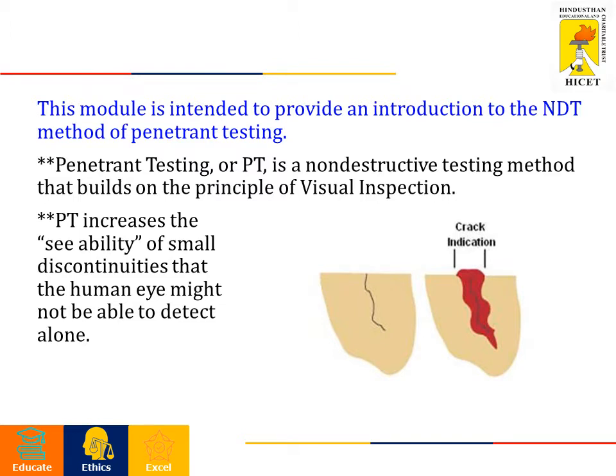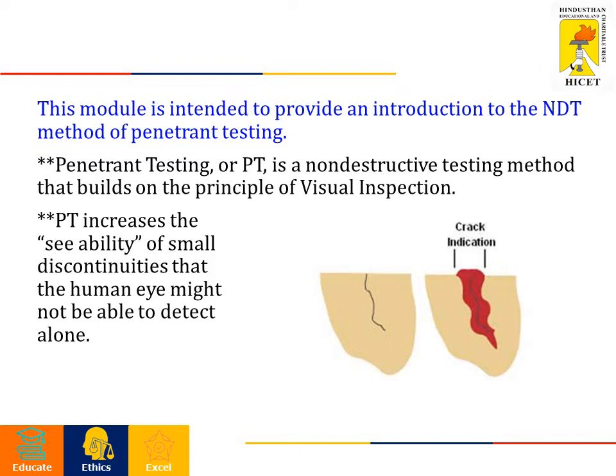This module provides an introduction to NDT of PT, penetrant testing, shortly called PT. It is a non-destructive testing method that builds on the principle of visual inspection. In the picture we see a minute crack on the component or surface.